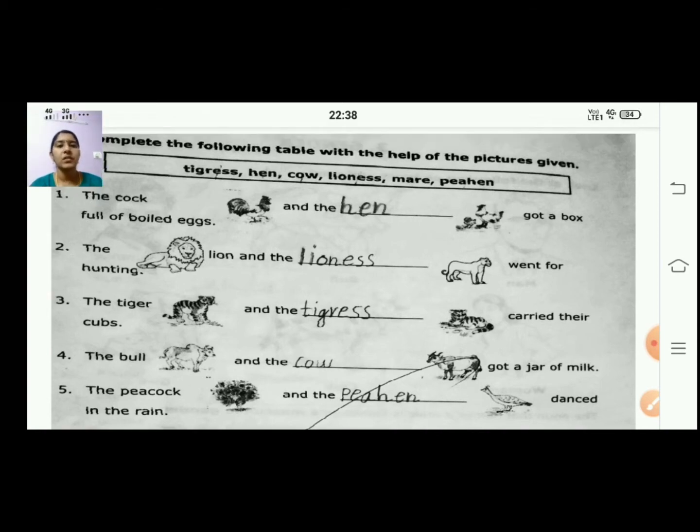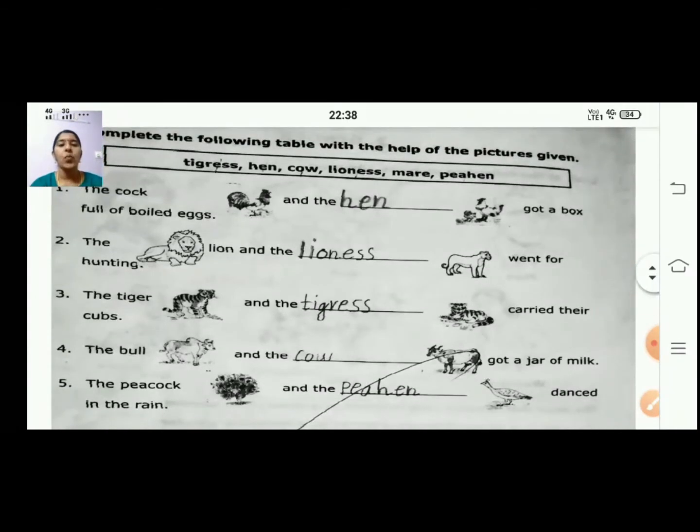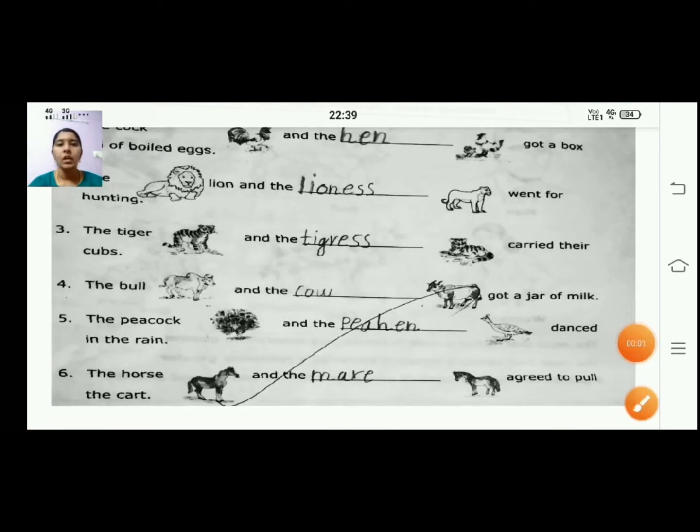So first is, the cock and the hen got a box full of boiled eggs, right? That is the first sentence. Second one, you can see the picture so that you can identify. The lion and the lioness went for hunting. Third one, the tiger and the tigress carried their cubs.